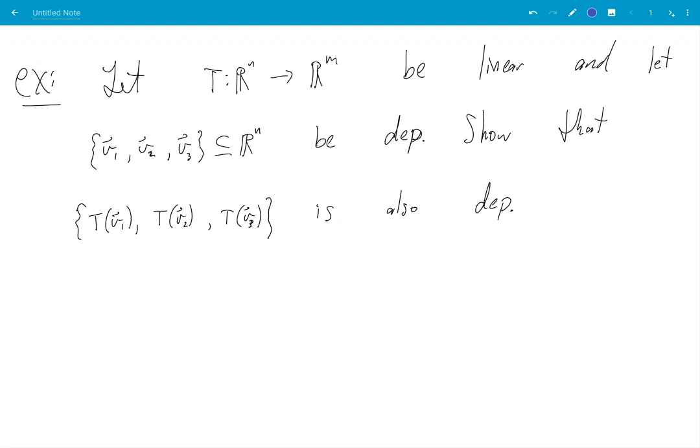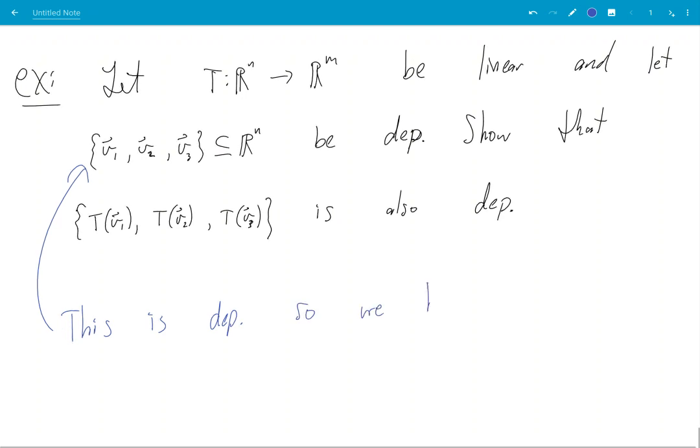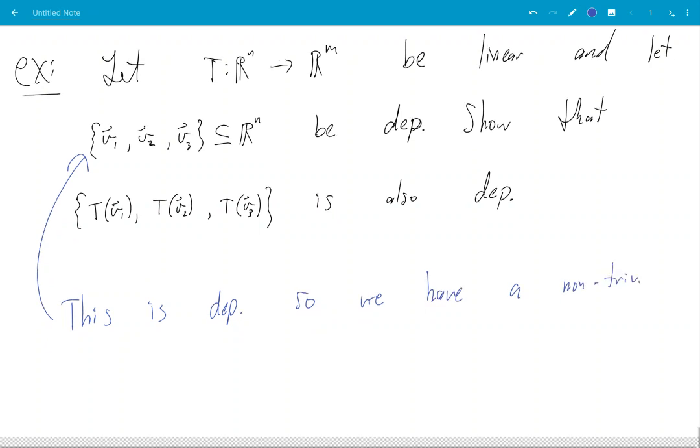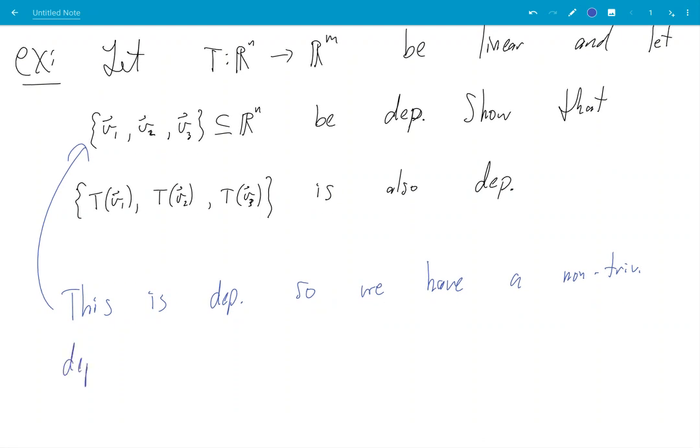So how can I start? Well, I can start by saying this is dependent. So we have a non-trivial dependence relation.